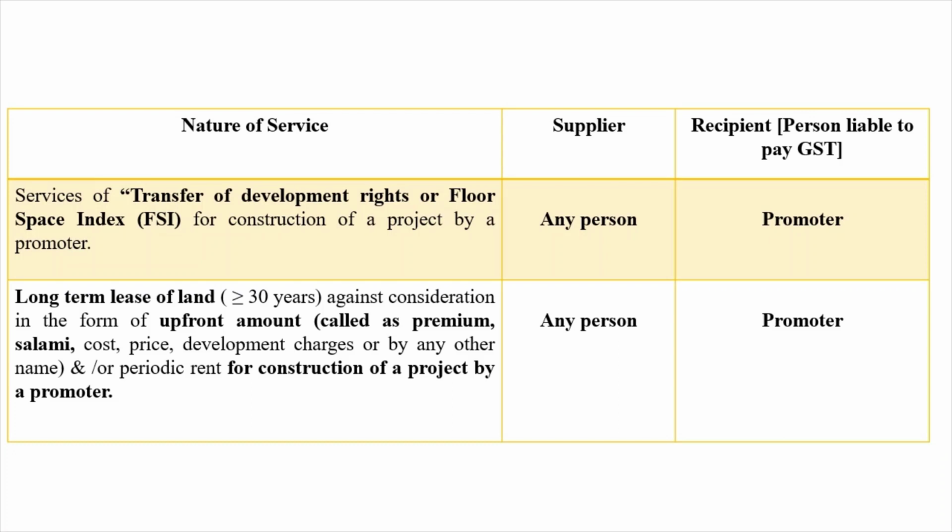It may be floor space index, it may be transfer of a development right, then long-term lease of land to develop certain project on that particular area. So here who is availing service? Promoter is availing services of supplier, that is any person. In that case also reverse charge is applicable under section 9 subsection 3, and promoter is liable to pay GST.